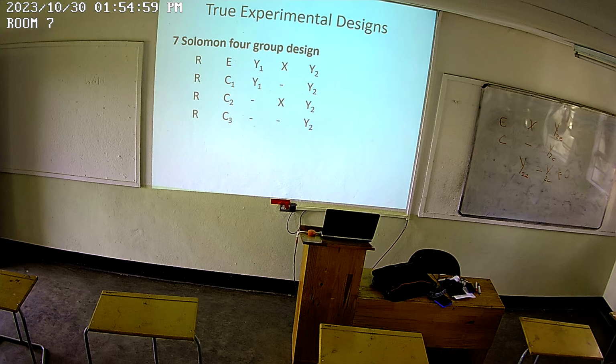If you take C2 and C3, you can easily argue to say Y1 is not affecting C2 and C3 because there is no Y1 involved. Now, if there is a difference between Y2C2 and Y2C3, then for sure it is X causing that difference.